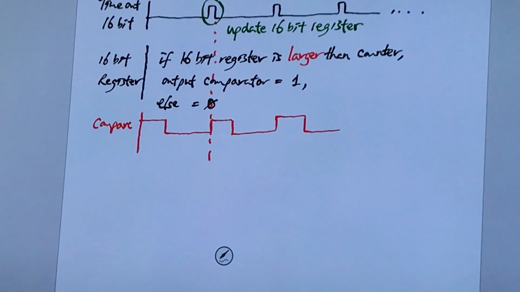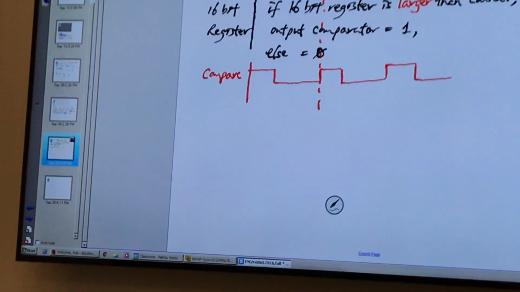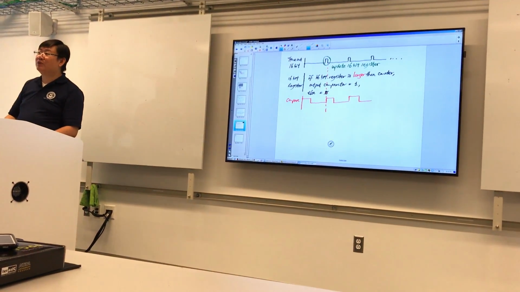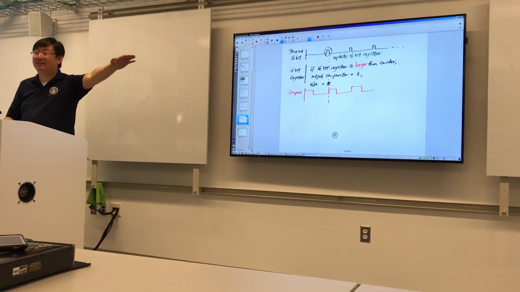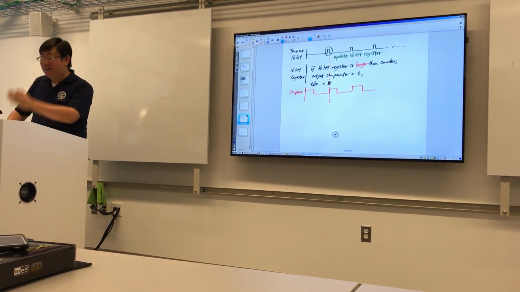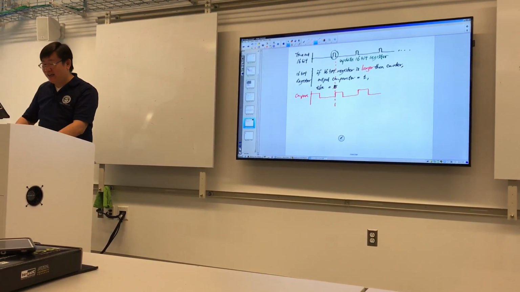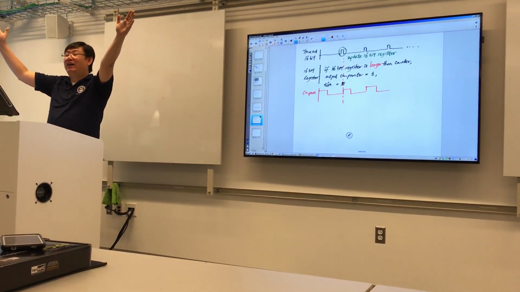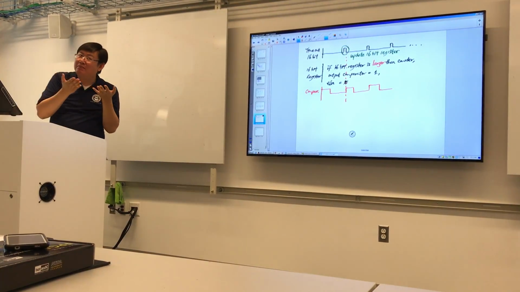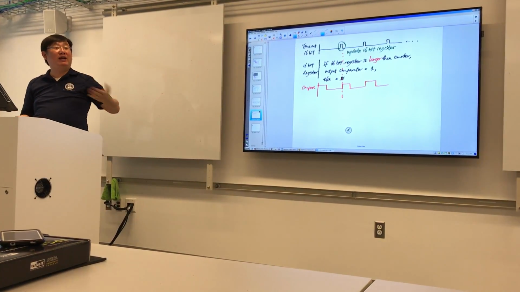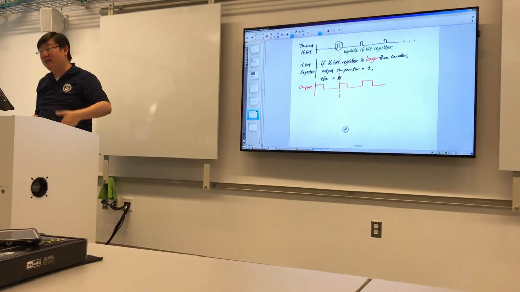The reason is you cannot have 100% duty cycle. Okay, if you have 100% duty cycle, everything is flat. Okay, so the maximum value you can put down is the maximum of the counter minus 1. Okay, however, you can make a programming error, you may put down FF instead of FE.